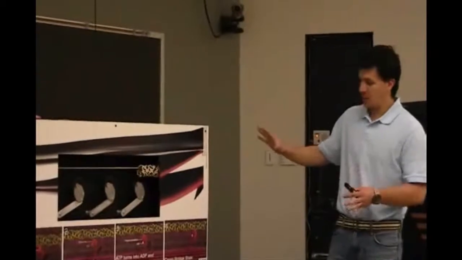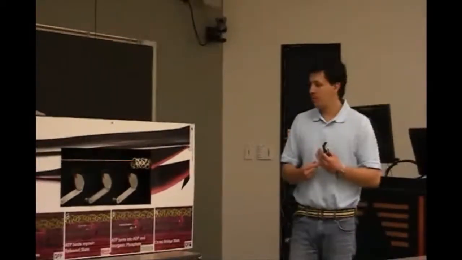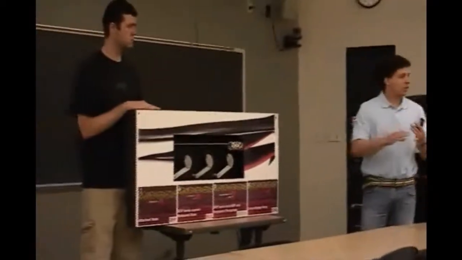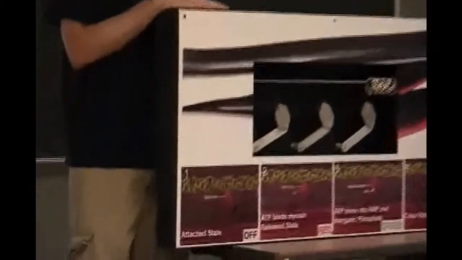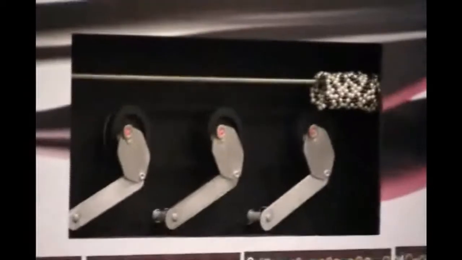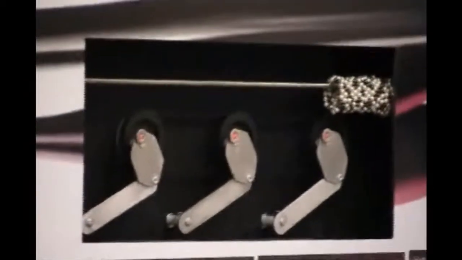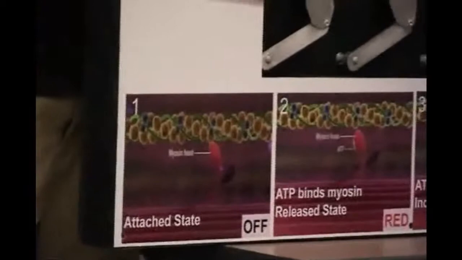So we basically came up with a model that takes advantage of some principles of mechanics, electricity, and magnetism. What we did was to emulate the interaction between actin and myosin, and we wanted to make a model out of that.